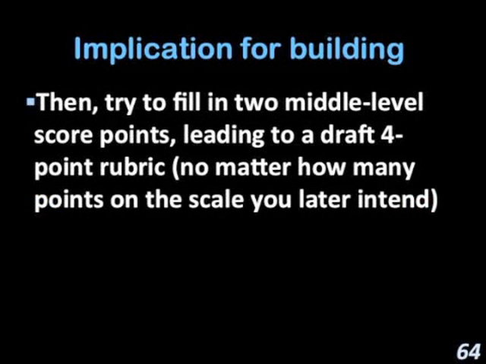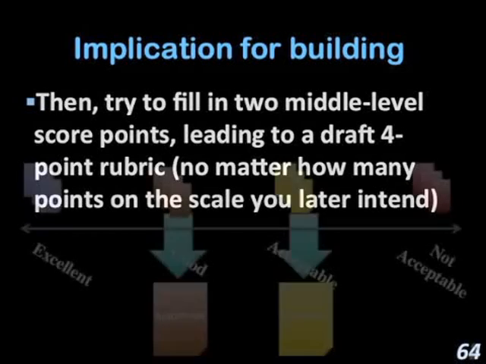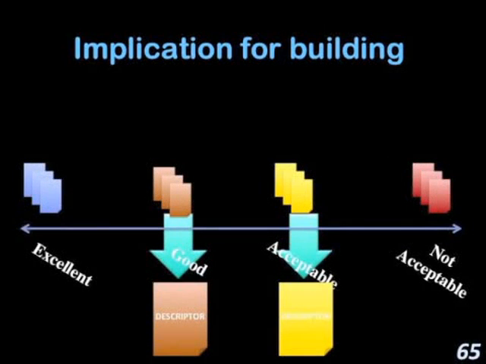Then we can fill in the details of other levels as we go, without yet committing ourselves to a final rubric. We might have 4 points, we might have 5, we might have 6, we might have 8. That's a later decision. But we can fill in the middle to get us going. It's not helpful in our experience to just have one big pile in the middle.